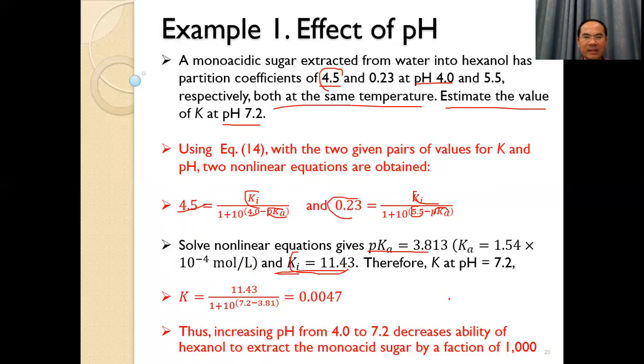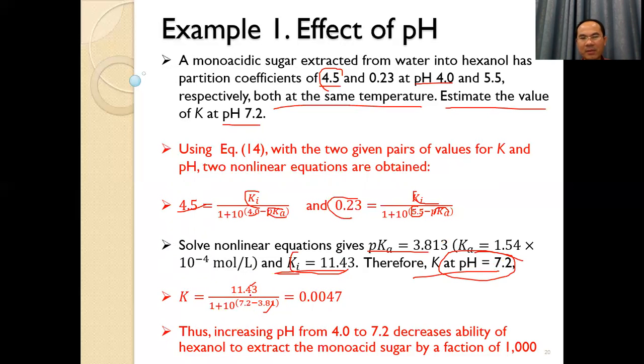Okay. And the general equation for this is K equal to Ki divided by 1 plus 10 to the power pH minus pKa. For this case, you know Ki and you know pKa. But the question is what is the value of K at pH 7.2.